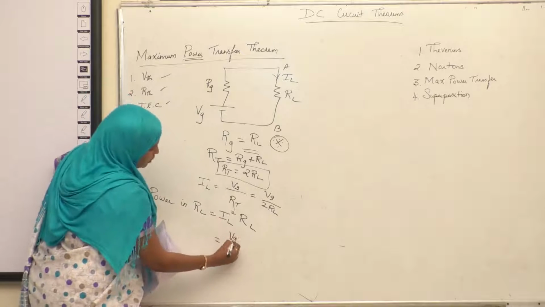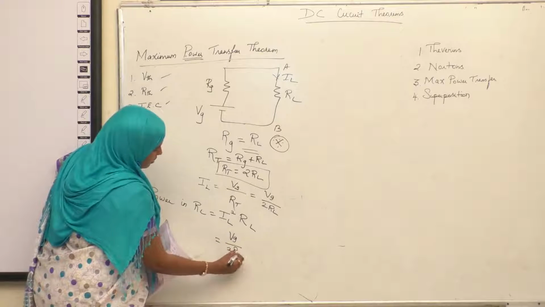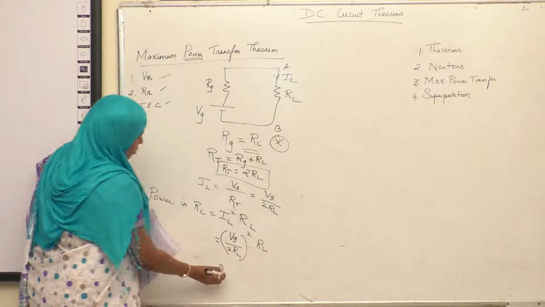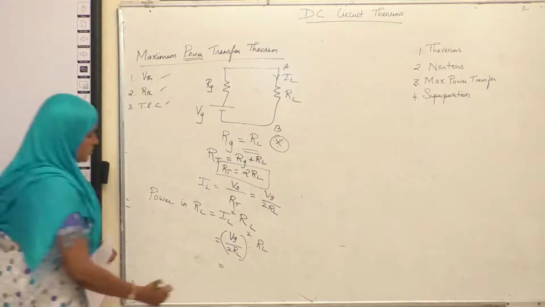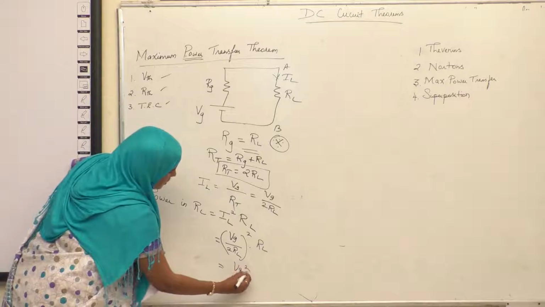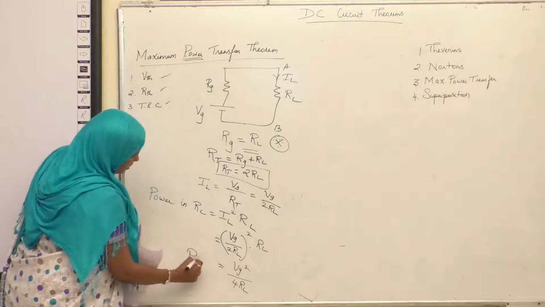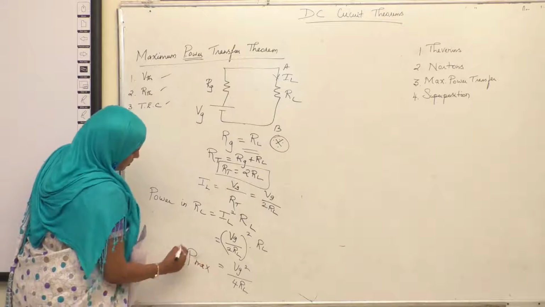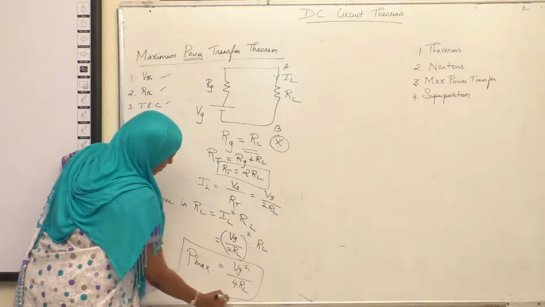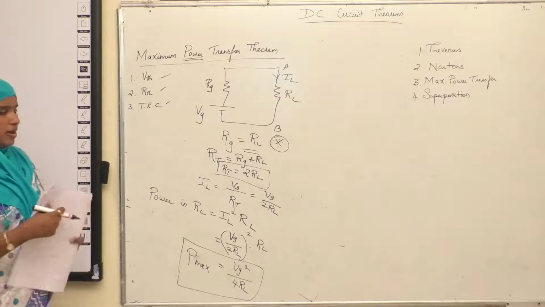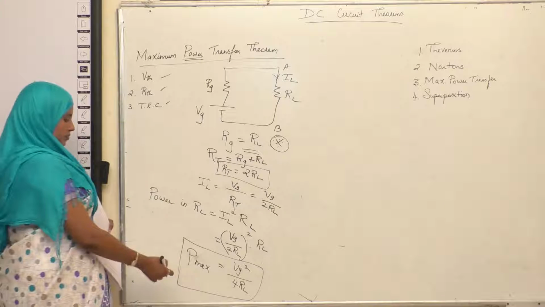So you get Vg by 2RL the whole square into RL. When you simplify this, you get Vg square by 4RL. This is the formula to find the maximum power P max, that is Vg square by 4RL.